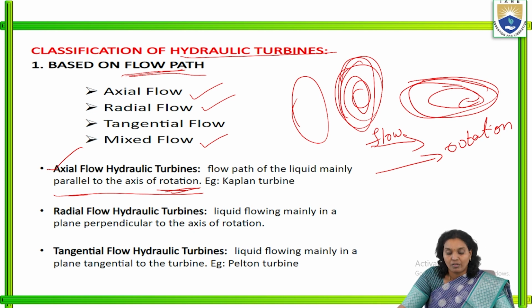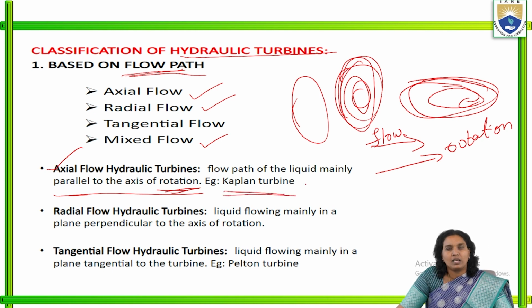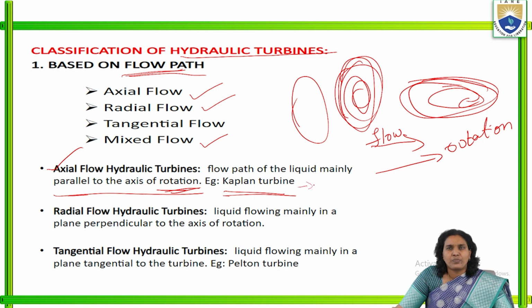One of the best examples for axial flow hydraulic turbine is the Kaplan turbine, where the flow path and the rotation are parallel.